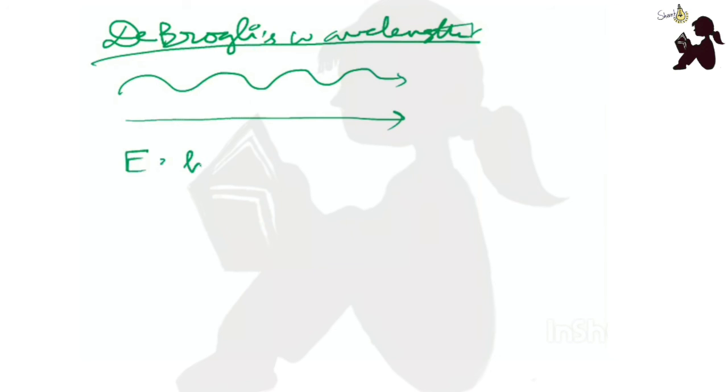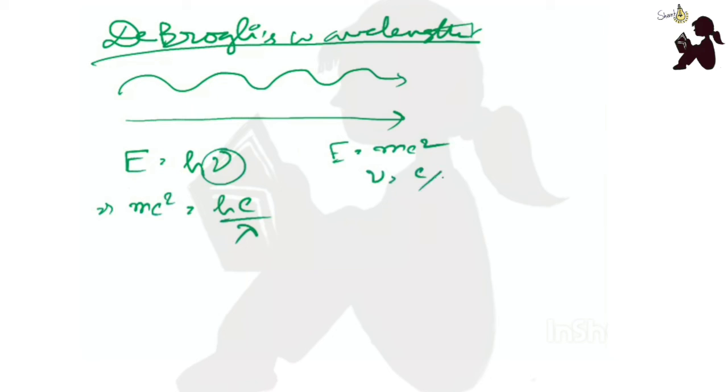So from this, we have seen Planck's equation E equals h mu, and we also know from Einstein's equation that E can be written as mc square. So E can be written as hc by lambda, because mu is equal to velocity by wavelength.